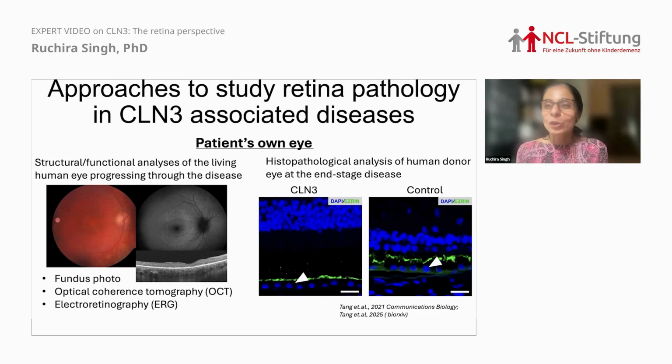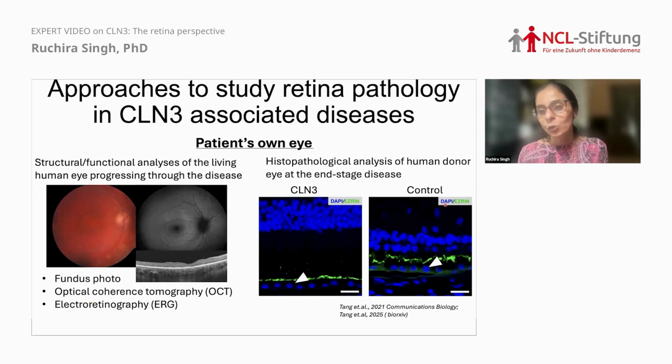So they are able to tell you the function of specific cell layers in the retina, and you're able to, over time, see the progression of the disease. So he has just mentioned the fundus photo, OCT, and ERG analysis that allow you to look at the structure and the function of the retina in the patient progressing through the disease.